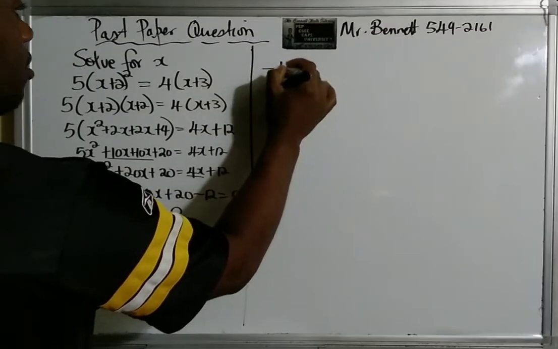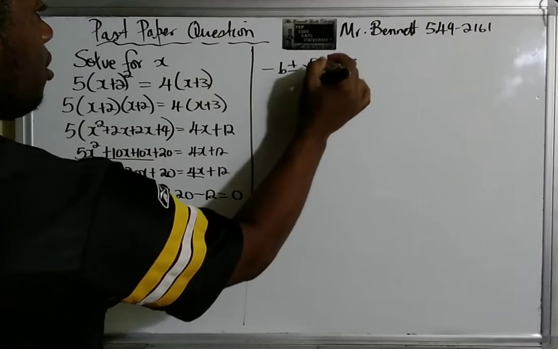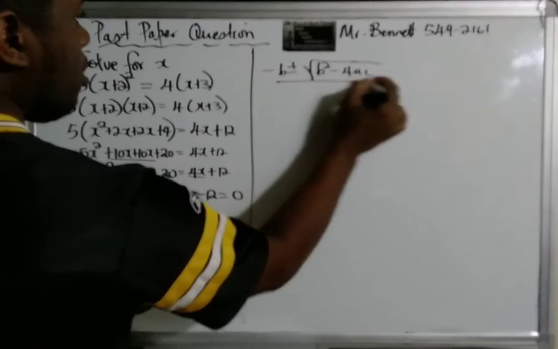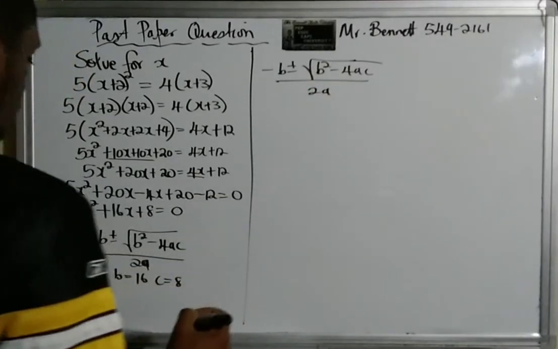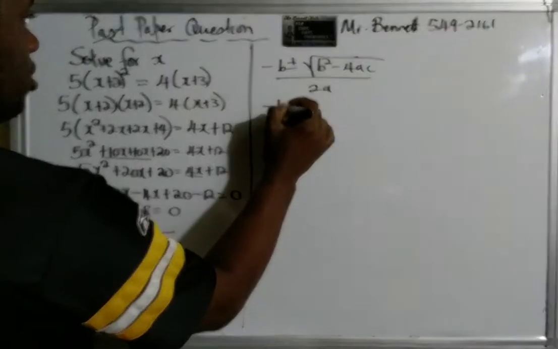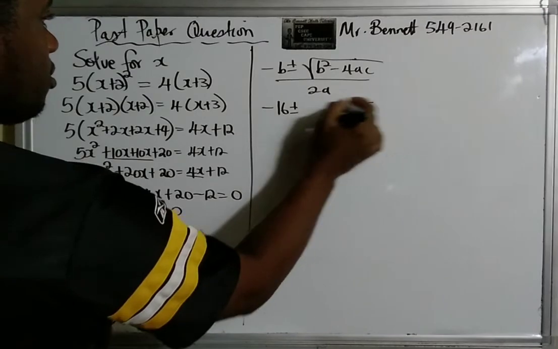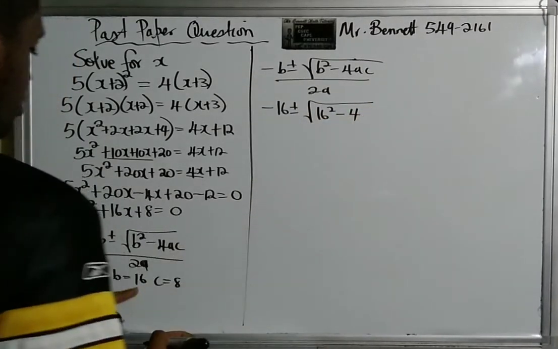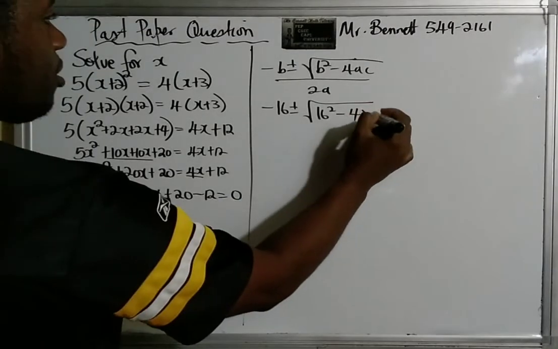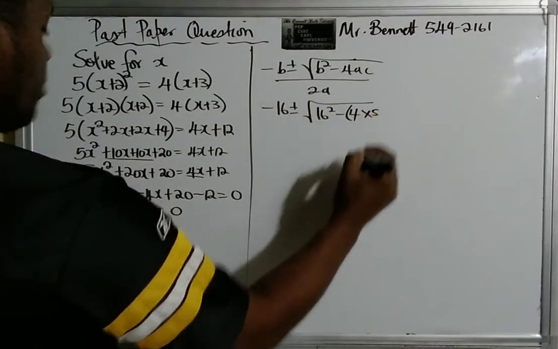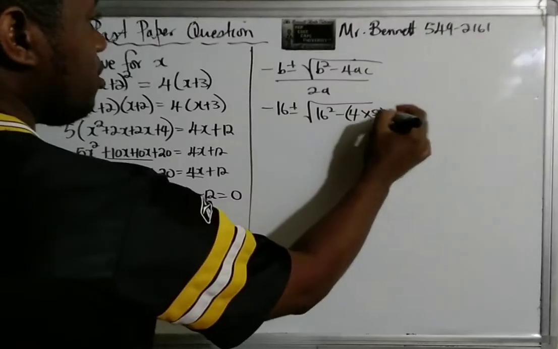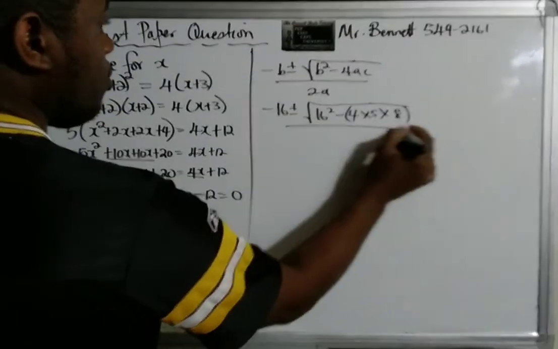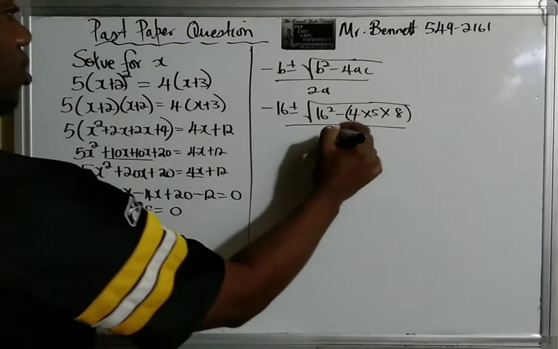So negative b plus or minus the square root of b squared minus 4ac all over 2a. Now b is 16, so negative 16 plus or minus the square root of 16 squared minus 4 times 5, I'll put this in a bracket, times c, which is 8, all over 2a, which is 2 times 5.